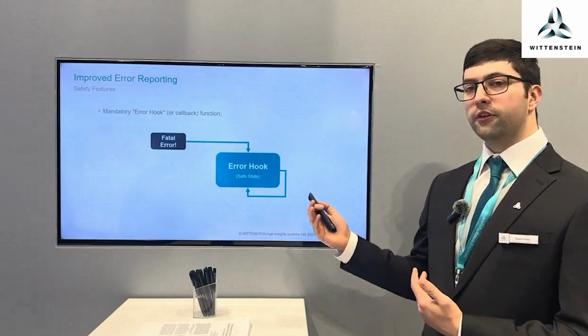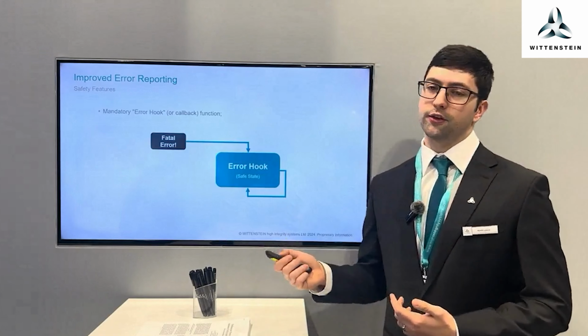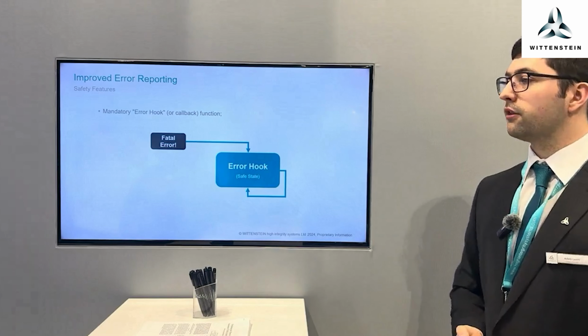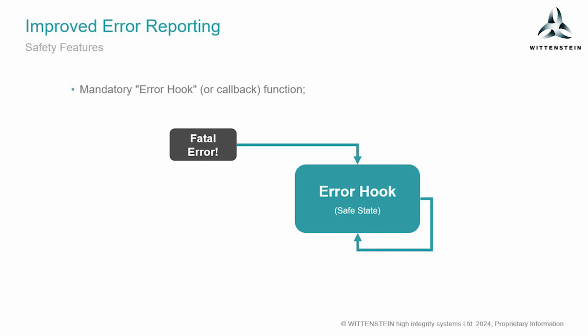Another difference is that in SAFERTOS there is an error hook. SAFERTOS, in many places in its source code, is going to be doing various different checks to see whether there has been a catastrophic error. If there has been an unrecoverable error, worst case scenario, you've got a cosmic ray that hits your device and flips a bit and corrupts some kernel data.